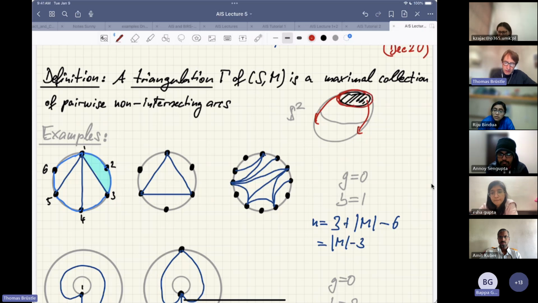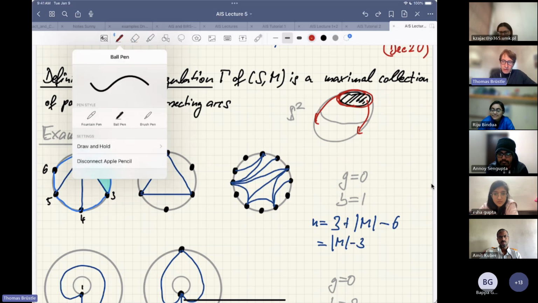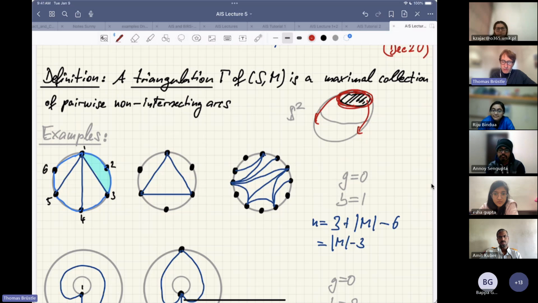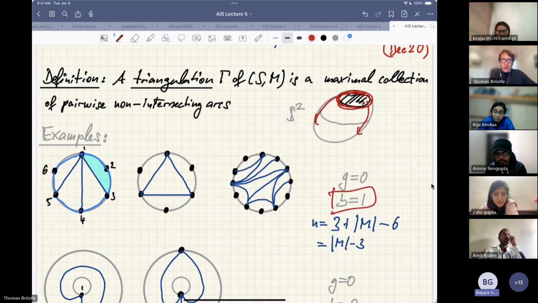We cut out one disk, so there's one boundary component. Ah, okay. Sorry. No, this is very good. The boundary components are really just the boundary of the disks that we cut out. We cut out one disk, so there's one boundary component here. That's good. Thank you.